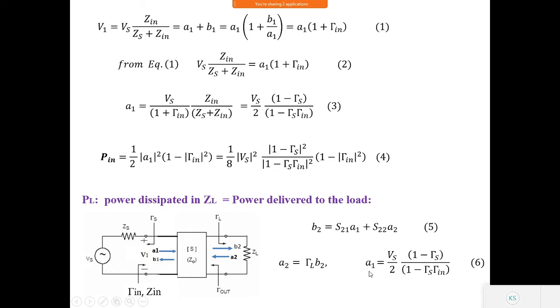So A2 equals Γ_L times B2. And A1 we already obtained previously: A1 is equal to Vs by 2, (1 minus Γs) divided by (1 minus Γs Γin) in this equation. And A2 is equal to B2 times Γ_L.